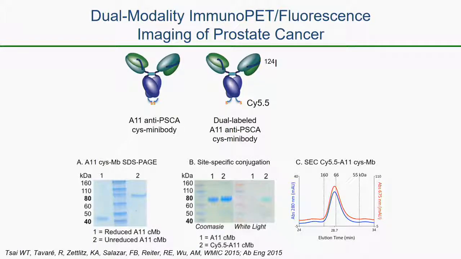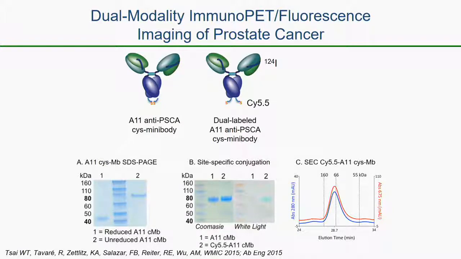So a student in the lab went at this. Now she's taken the minibody, but similarly modified it to have a C-terminal cysteine residue, and she conjugated Cy5 to the C-terminus to get a fluorescent label, and then labeled the protein in addition with iodine-124 to give the dual labeled probe. I will point out that you do have to be careful.